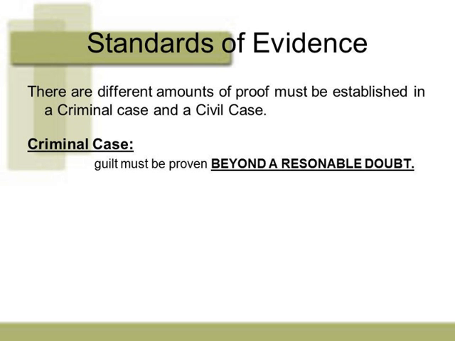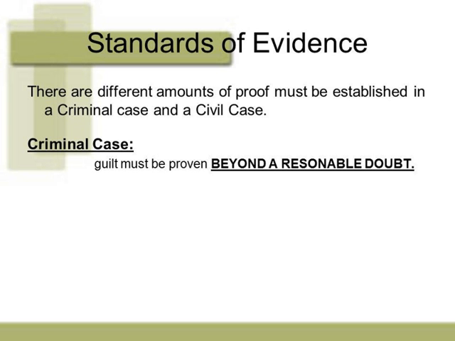The phrase beyond a reasonable doubt means that if a reasonable person can look at the facts of my case and believe that somebody else could have done it, then I am supposed to be found innocent. It's very difficult to prove guilt beyond a reasonable doubt.